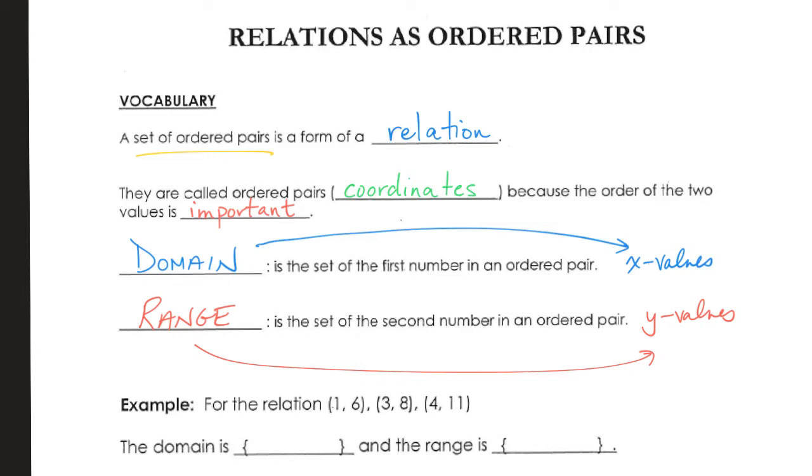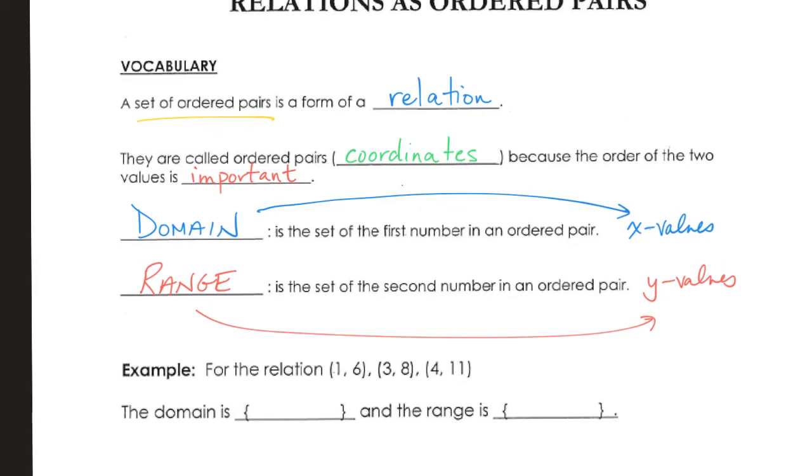Let's look at a quick example right underneath that, where we should be able to figure out domain and range very quickly. The first thing you'll notice is we have those fancy brackets in there, those brace brackets, and brace brackets are used to denote a set of values.